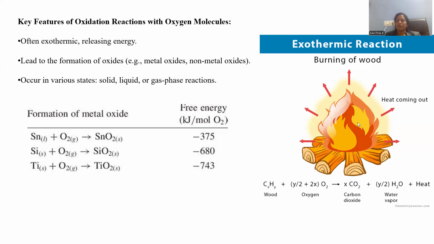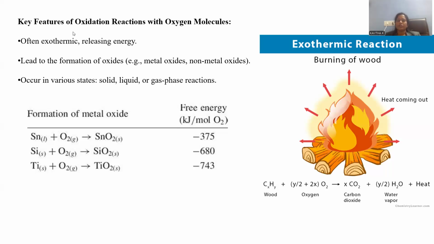Just now we observed this whenever we burn coal or fossil fuels like wood. Simply, we can say wood is subjected to a combustion process, so that there is a generation of heat energy. Everybody notices that, right? So we can generalize the process: often they are exothermic in nature, releasing a lot of energy.